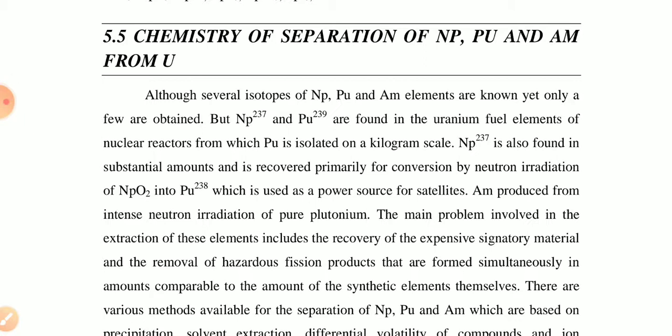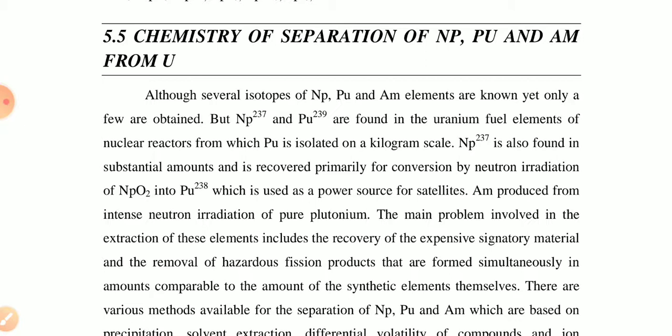And today's topic is the extraction or separation of the actinides. The isotopes of the Np, Pu and Am elements are very much known, but the fewer elements are known, like Np-237 and Pu-239.